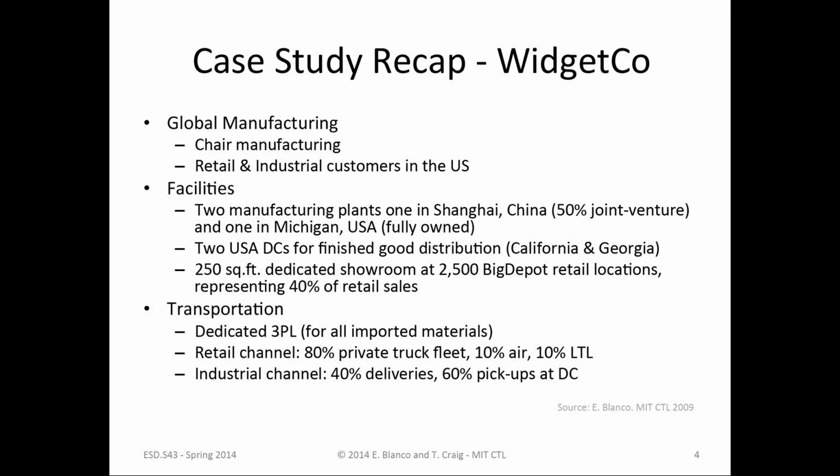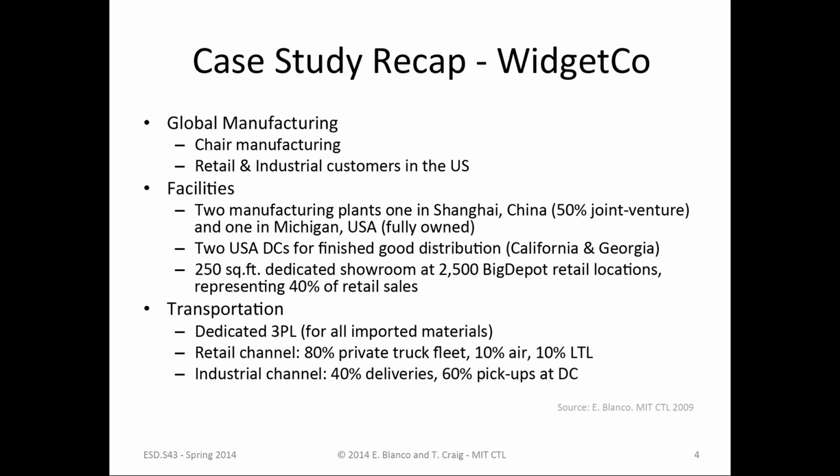The raw materials come in by ocean and get sent to your factory in Michigan. You also have finished chairs coming in from the plant in China. Those come in over a dedicated 3PL by ocean to get to the U.S., and then by rail and by truck once they arrive. For the retail channel, you service that primarily with your private truck fleet. So you own a fleet of trucks that you use to deliver to the retailers.